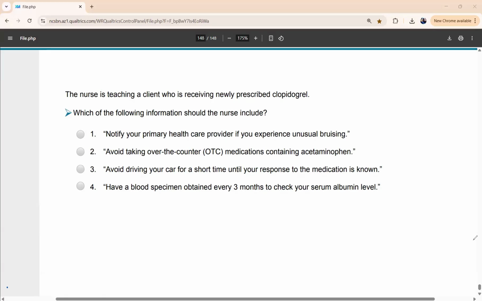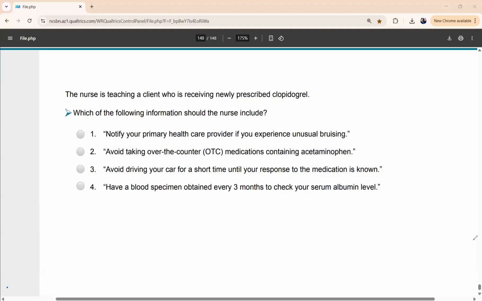And then option three, avoid driving your car for a short time until your response to the medication is known. I would say not avoid, at least if it's something that can cause life risk like dizziness or can cause any harm. That's when we tell them to stop driving for a certain period of time. So I canceled this. And then option four, have a blood specimen obtained every 3 months to check your serum albumin level.